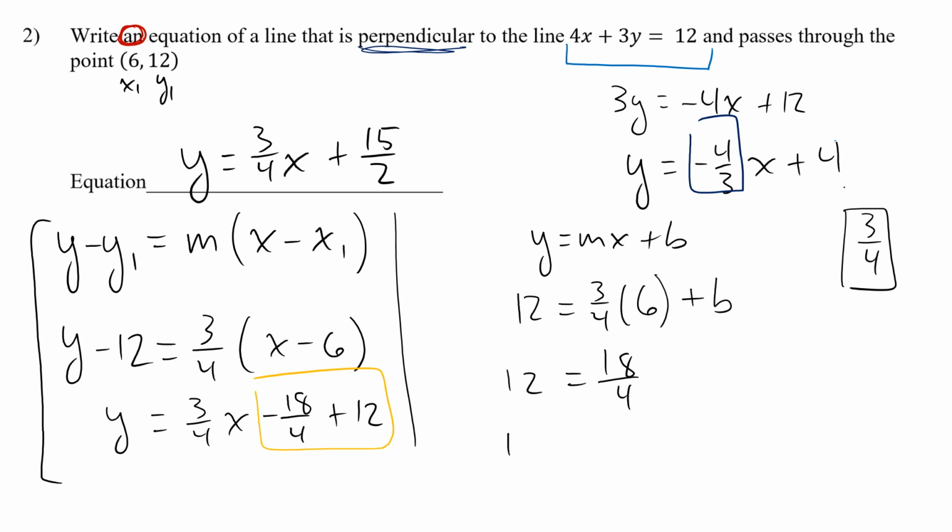So I'm just going to be taking 12 and subtracting 18/4, which is 9/2. And when I turn 12 into halves, I get 24/2 minus 9/2, which is equal to 15/2. So that is my y-intercept. This is my slope. That's my y-intercept. So again, it's the same equation of the line.